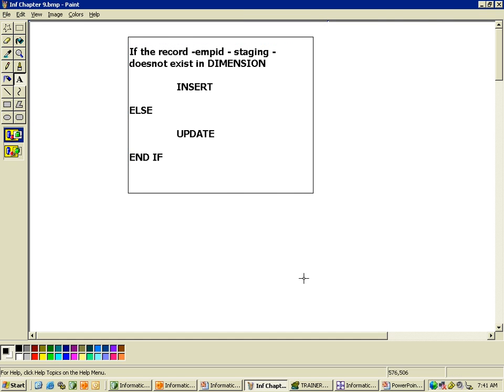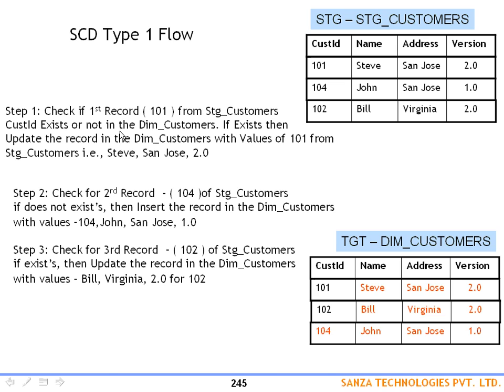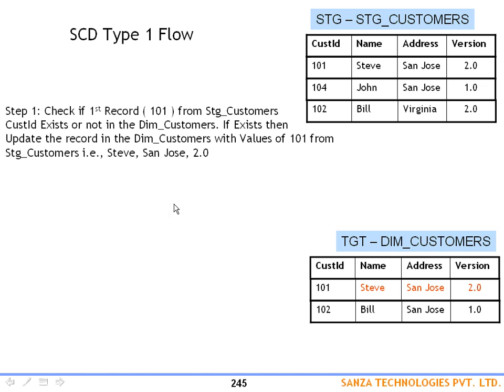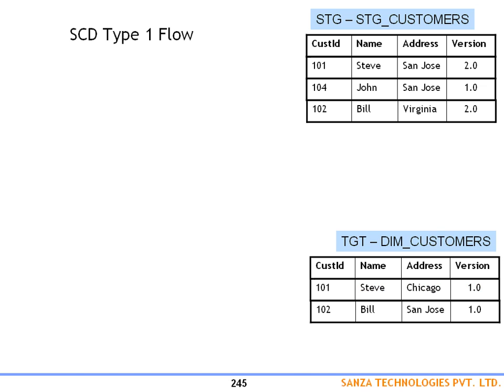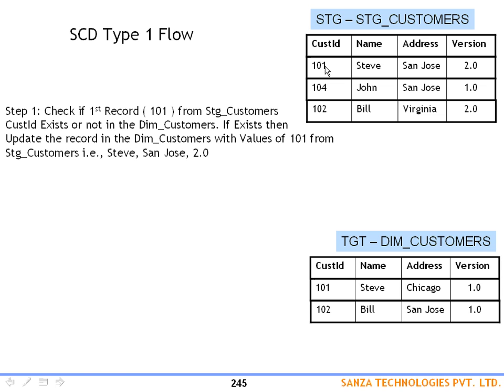So what we have done: if the record exists, we went and updated it. If the record does not exist, we inserted it. If you look at it, this is the flow again. For 101, we check, does the record exist in my dimension customer table? It exists, then update the record in the dimension table for that 101 with the values of the stage data.